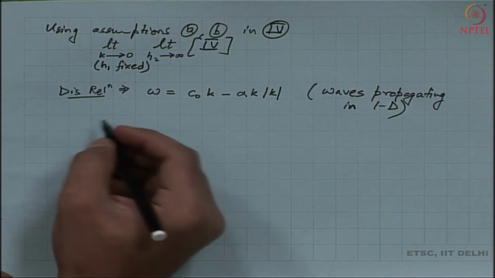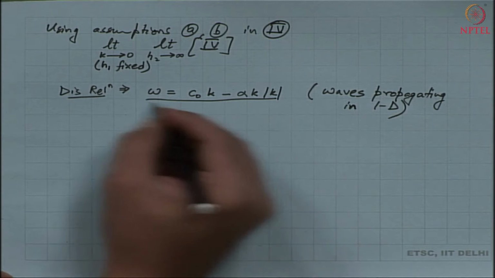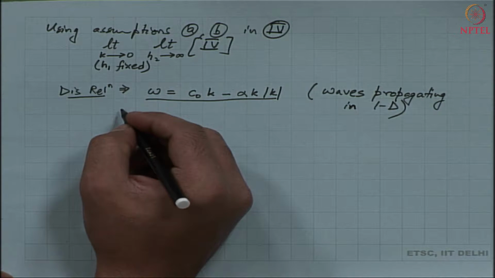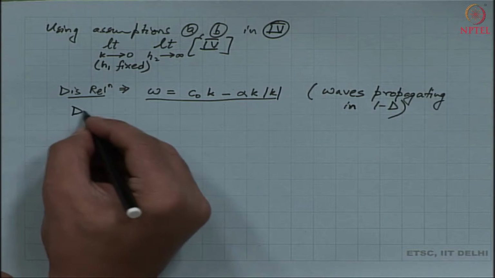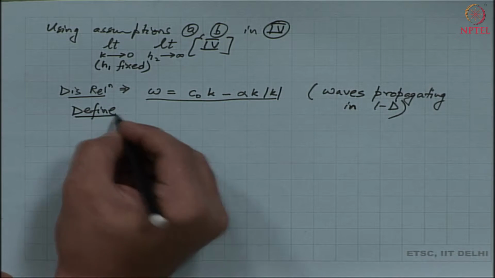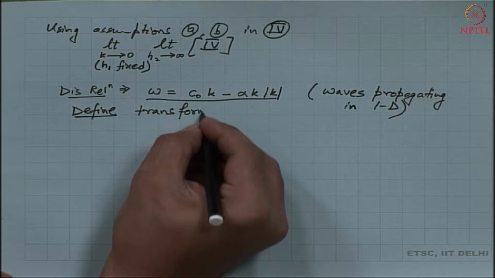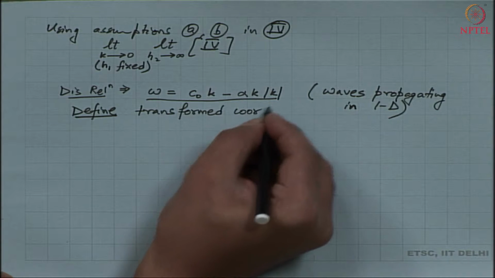Okay, so then from this dispersion relation I am now going to come back to the original PDE that we are solving. So to do that, let us define a transformed coordinate as follows.